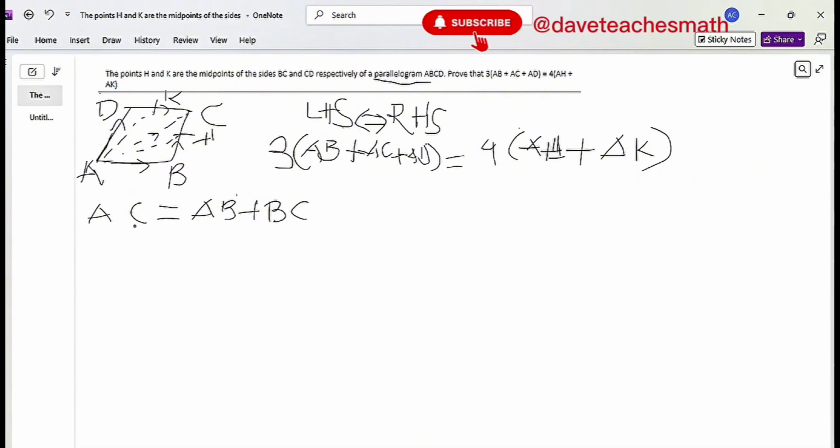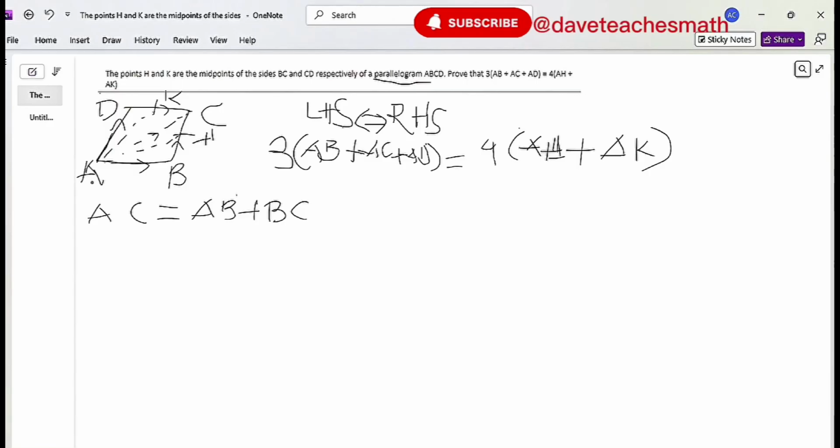Now we have AC having AB in it and BC in it. We don't need BC over here, because when we express AK, we will not have BC in it. So we need to express BC in another form. When you look at the laws of parallelogram, two sides are parallel. That means that this BC here is equal to AD.